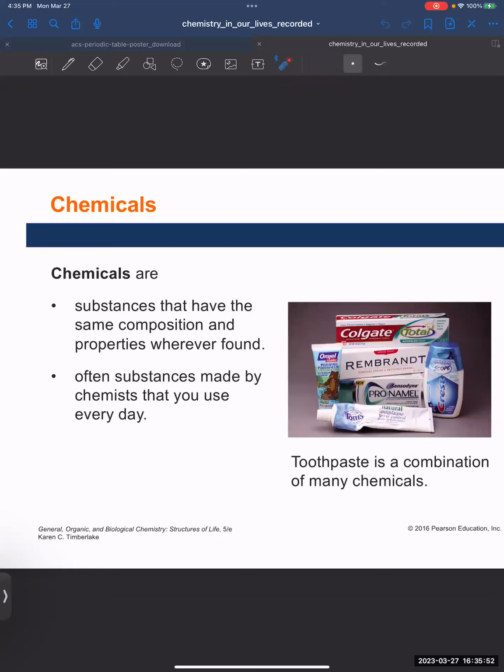Now, something that's interesting is you'll notice training toothpaste. If any of you have had children or have worked with children at all, especially toddlers, they tend to use the training toothpaste. The reason why is because it does not have fluoride in it. We'll learn a lot about fluoride, but basically for right now, fluoride's really good for the enamel of our teeth.